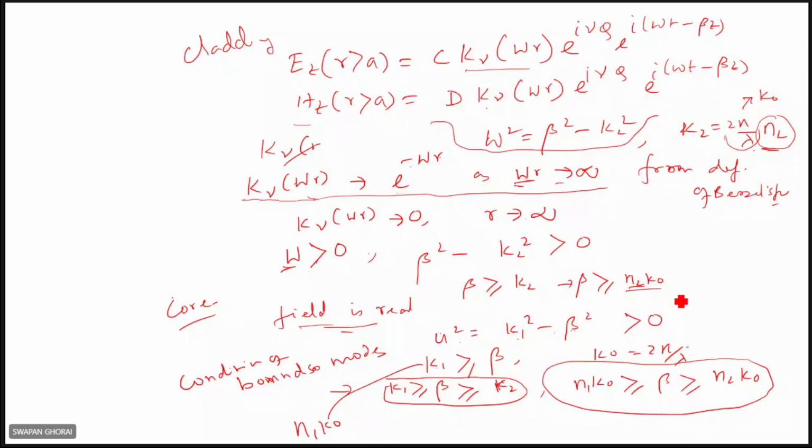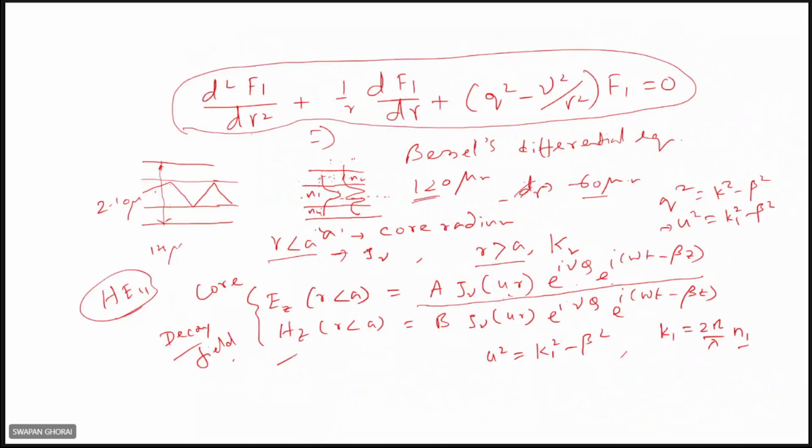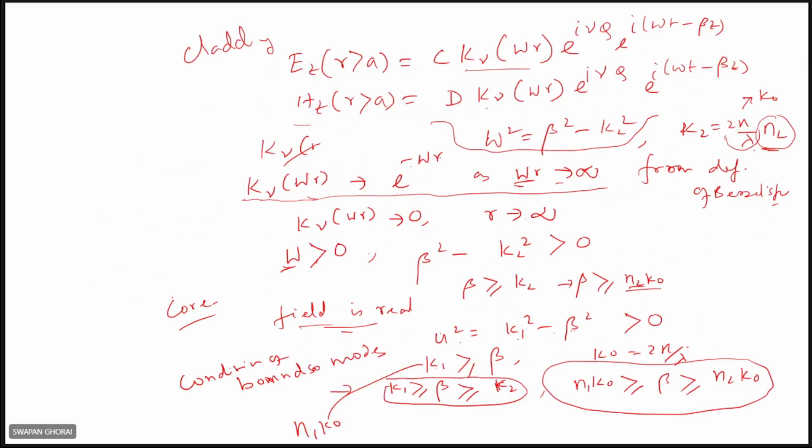I wrote K1 in the previous slide. You see here, K1 is 2 pi by lambda times N1, that is K0, so this is K0 N1, right? So this K1 must be greater than beta.